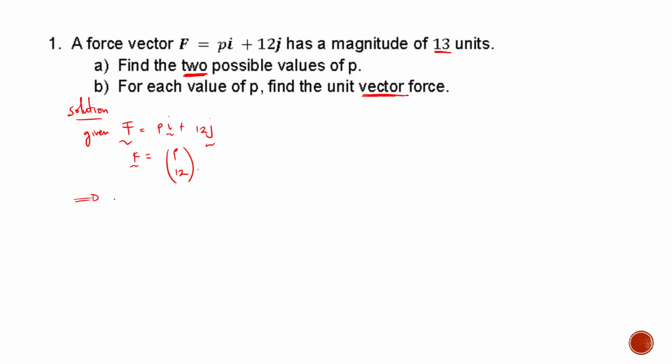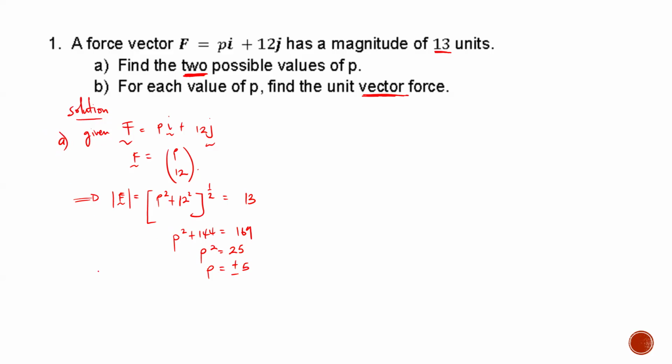So the magnitude of F, which is equal to P squared plus 12 squared all to the power half, is equal to 13. When we square both sides, we end up with P squared plus 144 equals 169, and P squared is equal to 25, for which P is either positive 5 or negative 5.